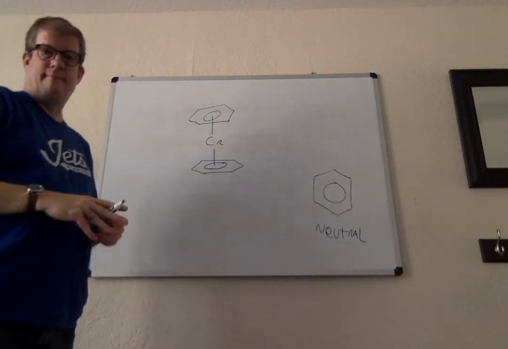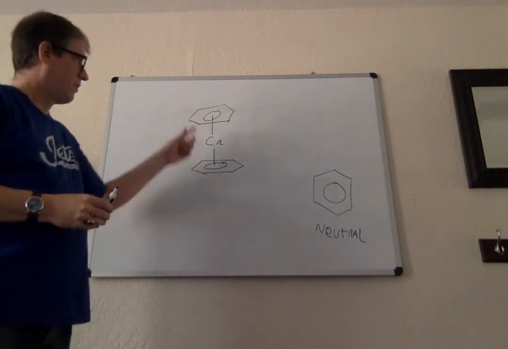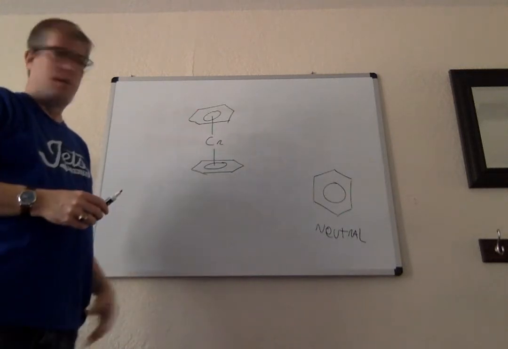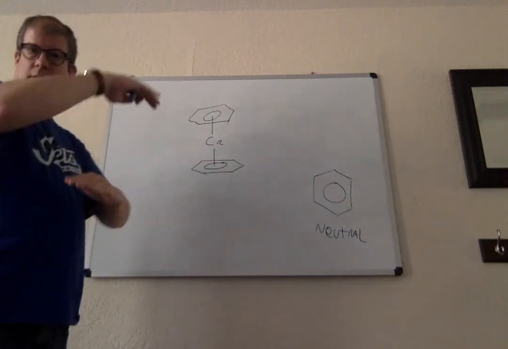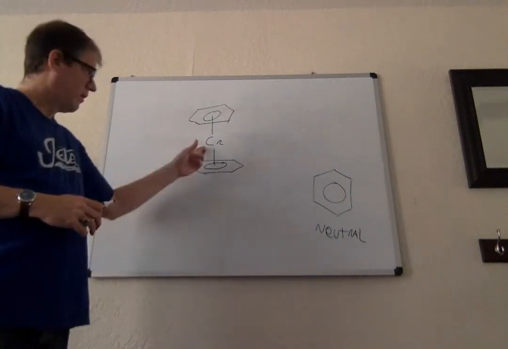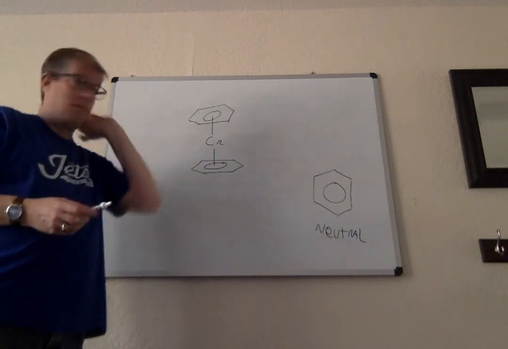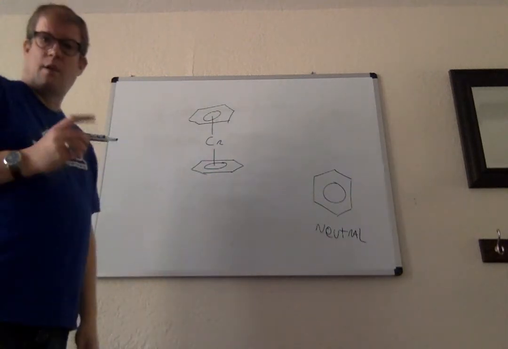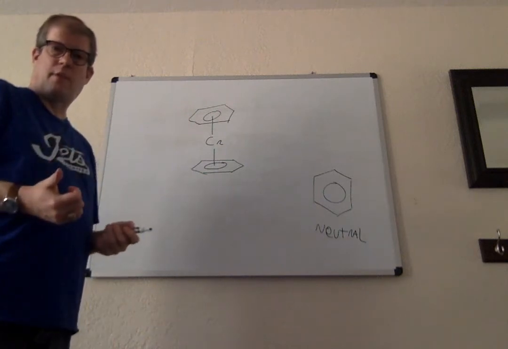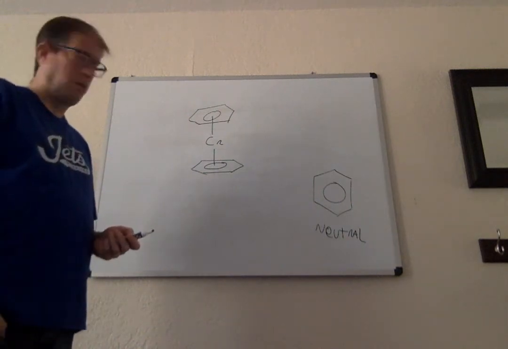Bisbenzene chromium. So once again, our rings are planar. We have 2 rings right on top of one another with a metal in the middle. It's a sandwich compound. Now, the thing about this is, what's the charge on the metal? How many d electrons does it have? And what's the coordination number?